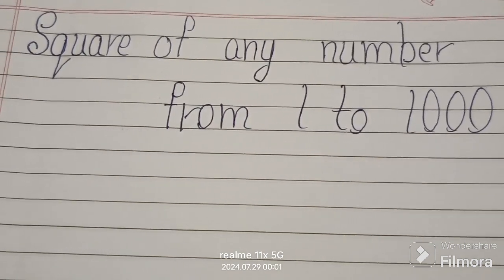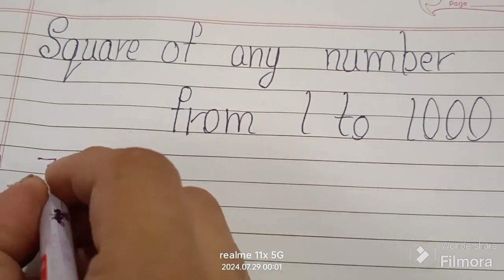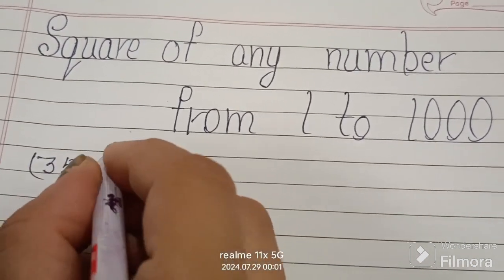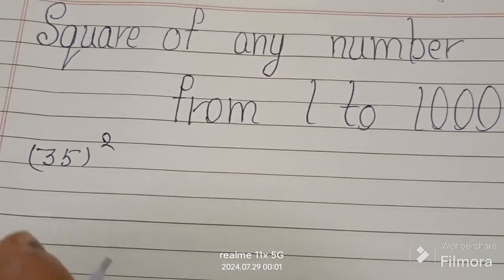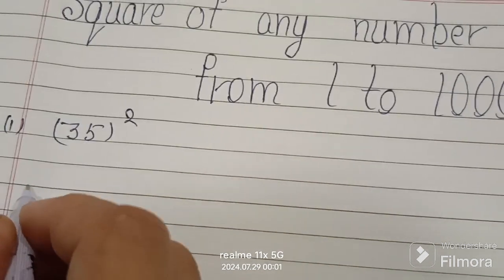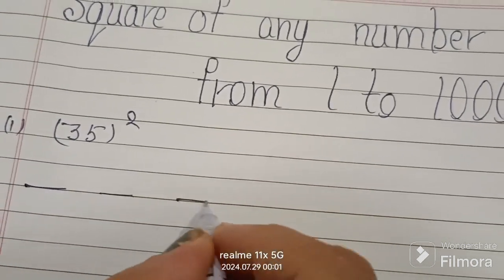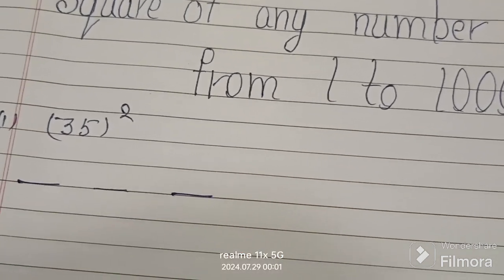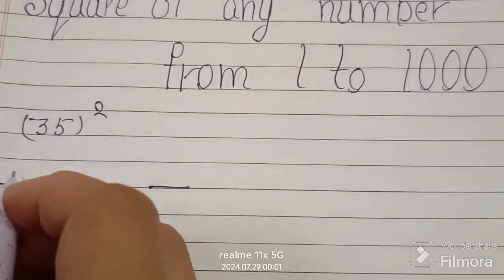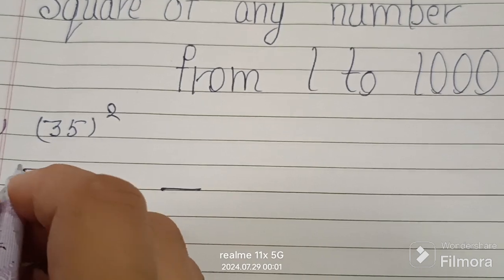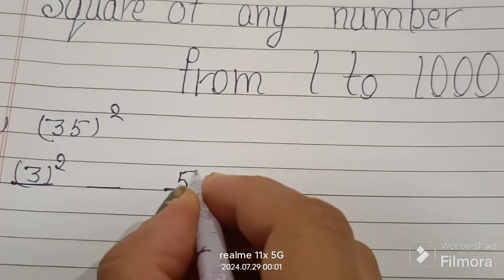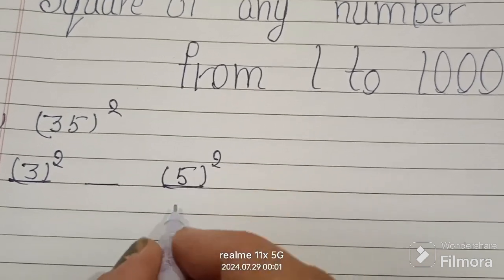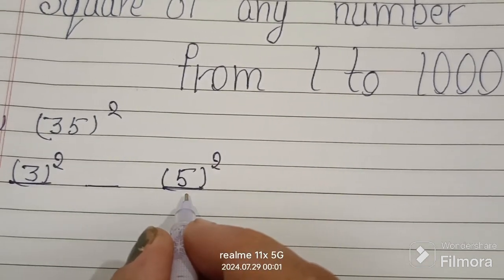Just have a look. The square of 35 is... What I have to do in that sum? I'm gonna separate the answer into three parts. In the first part, I'm going to write the square of the first digit, and in the last part, I am going to write the square of the last digit.